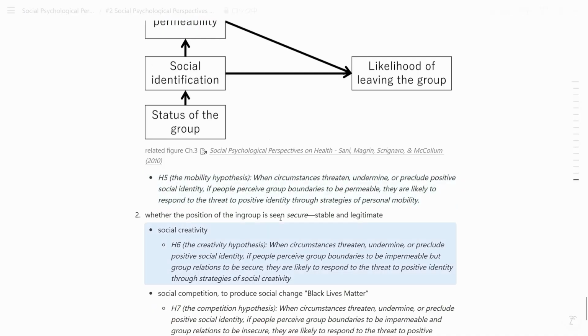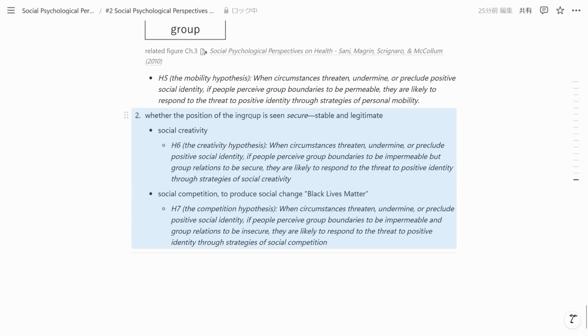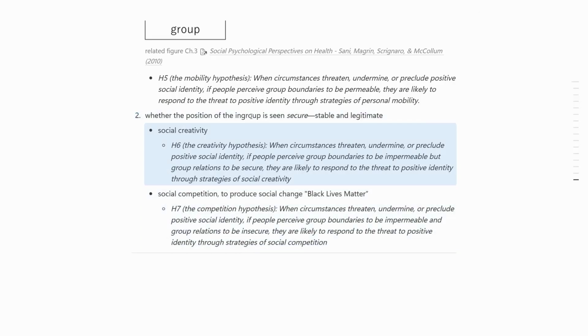And another factor that influences the restoration is whether the position of the in-group is secure, meaning stable and legitimate. When the position of the in-group is secure, meaning that they cannot really change the position of the in-group, and the position that they currently have is legitimate, then they go for a creativity strategy.